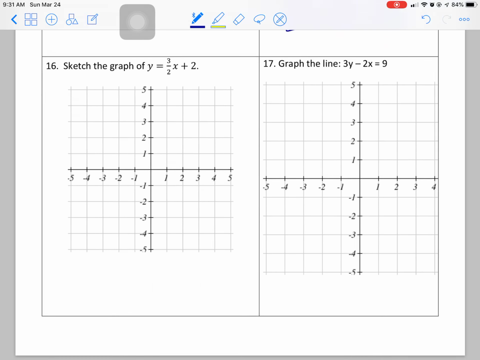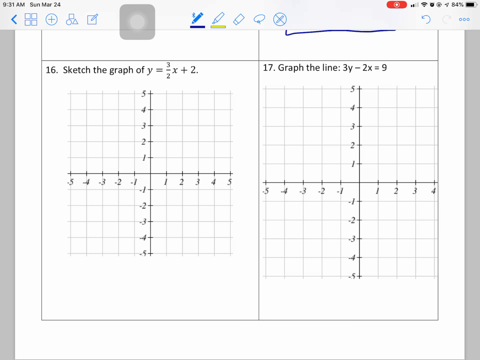Sketch. That's my B. B equals 2. That ordered pair is 0, 2. Where is that? There's my B. Then I need to go rise over run. Up 3 and run 2, because this is a positive slope, right?